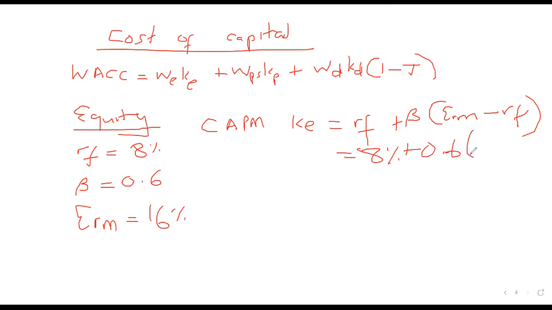Our expected market return is 16% minus 8%, 0.08. So here we get 8% plus 0.6 times 8% here. So what do we get? 4.2%.